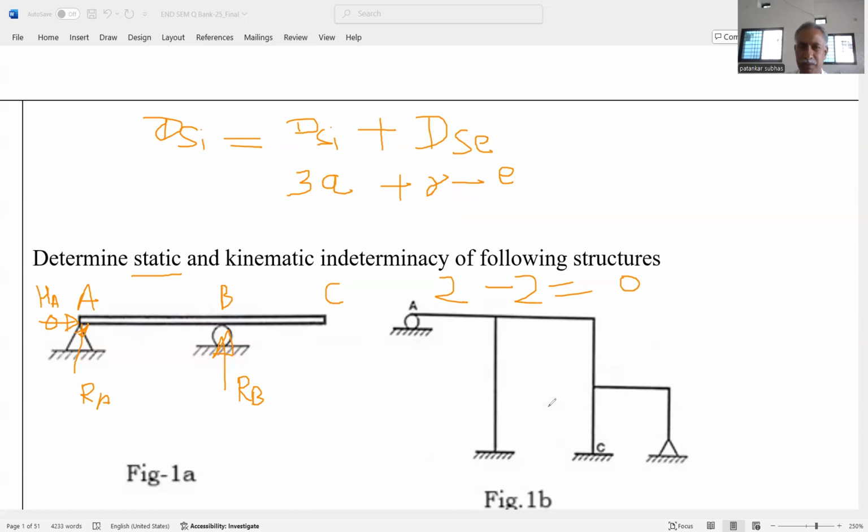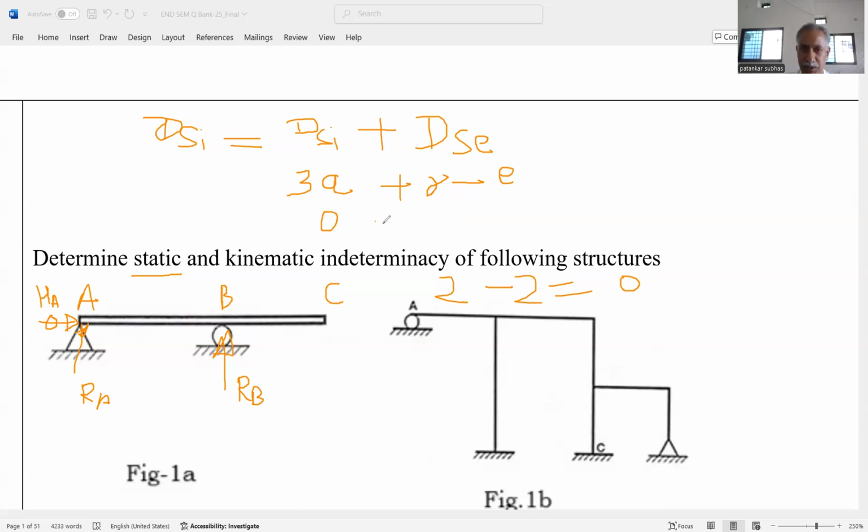In case of the frame, if a number of areas are closed, then we can say that, for example, here all the areas are open, that is the frame is open, and that's why this is 0.